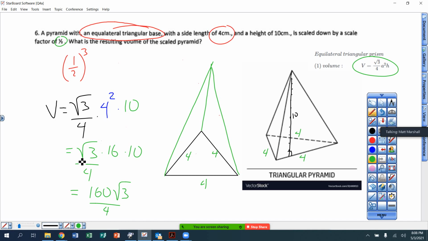So that huge mess just gives me the volume of that equilateral triangular prism. I'm just going to round to 2 decimal places. Do you see that number right there?